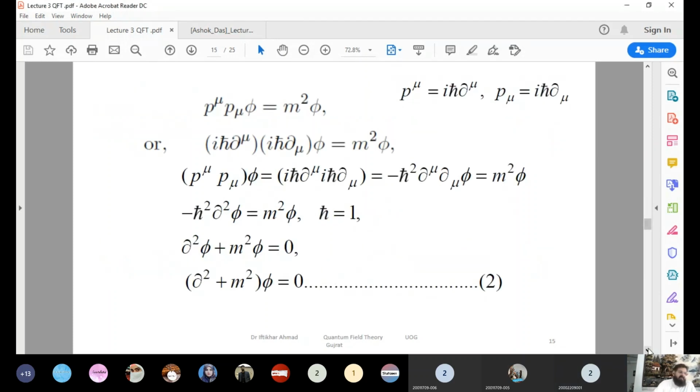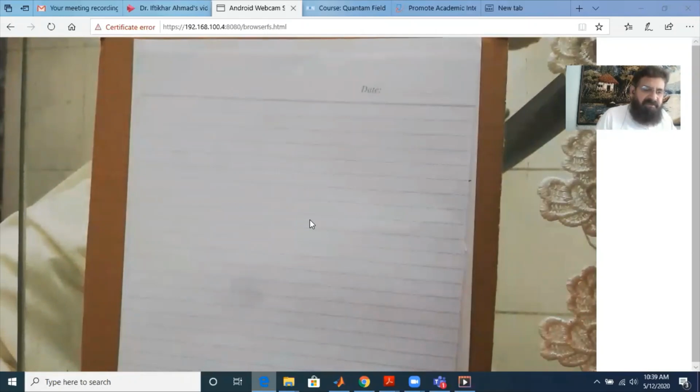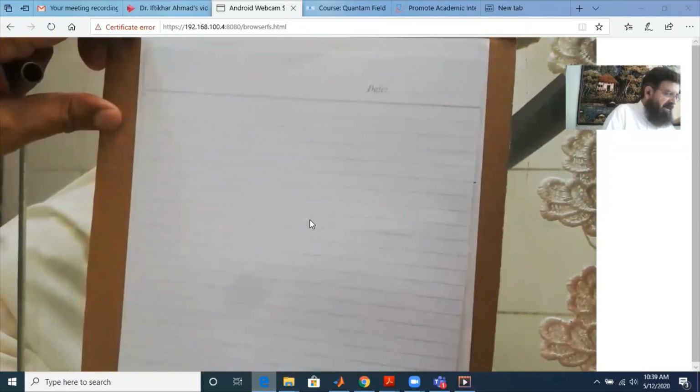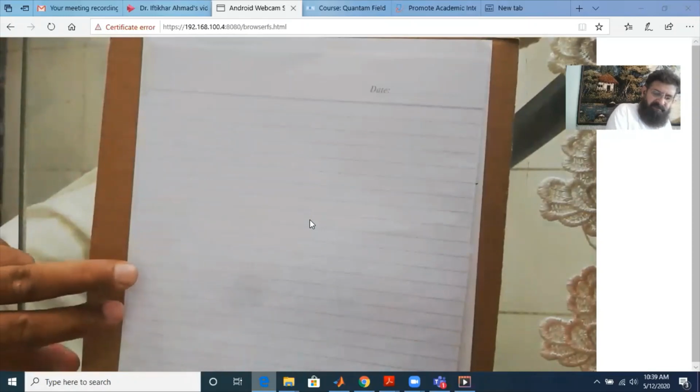Let me explain on the clipboard how we can derive this Klein-Gordon equation from the operators. Okay, dear students, let's start to derive the Klein-Gordon equation.